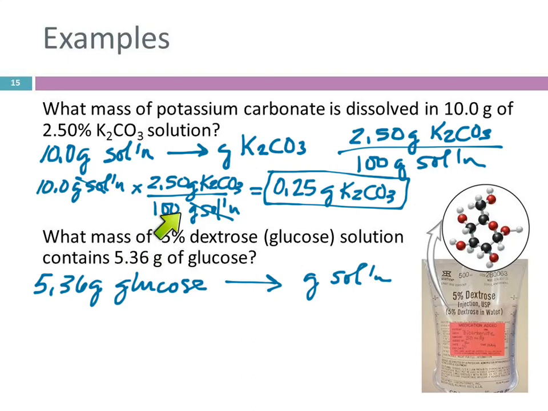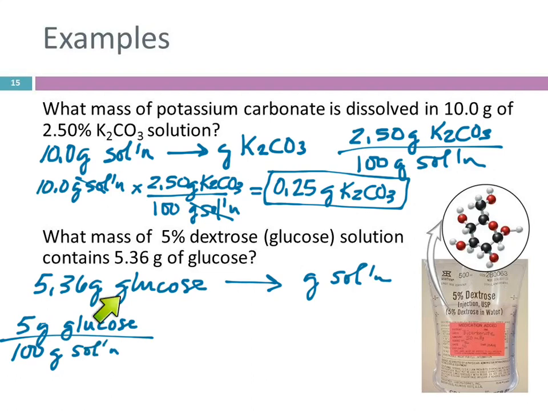And let's start with the 5% here. 5% means 5 grams of glucose per 100 grams of solution. We need grams of glucose, grams of solution. This has both of them, and so we're good. That's our unit factor that we need.